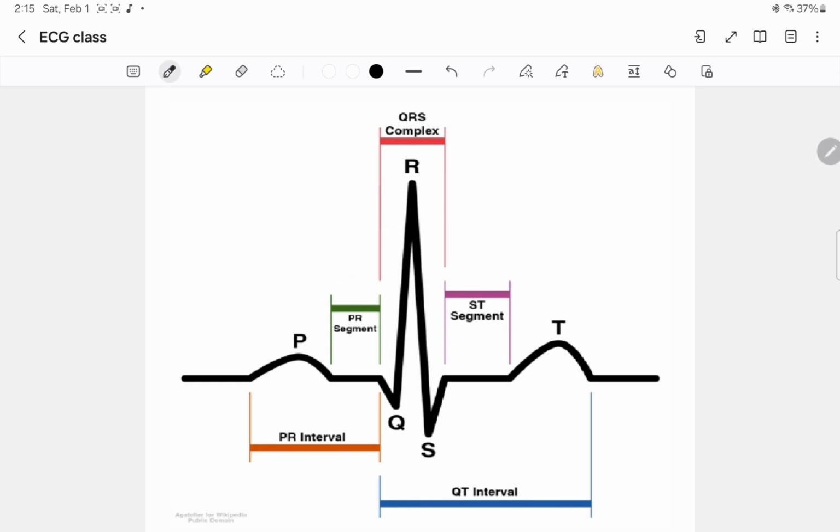So firstly, with the P wave, all right, what are we looking for? So we're analyzing the P wave for height and width. All right. So when we speak a bit more about chamber enlargement, we'll get into what's abnormal for P wave height and P wave width, right?